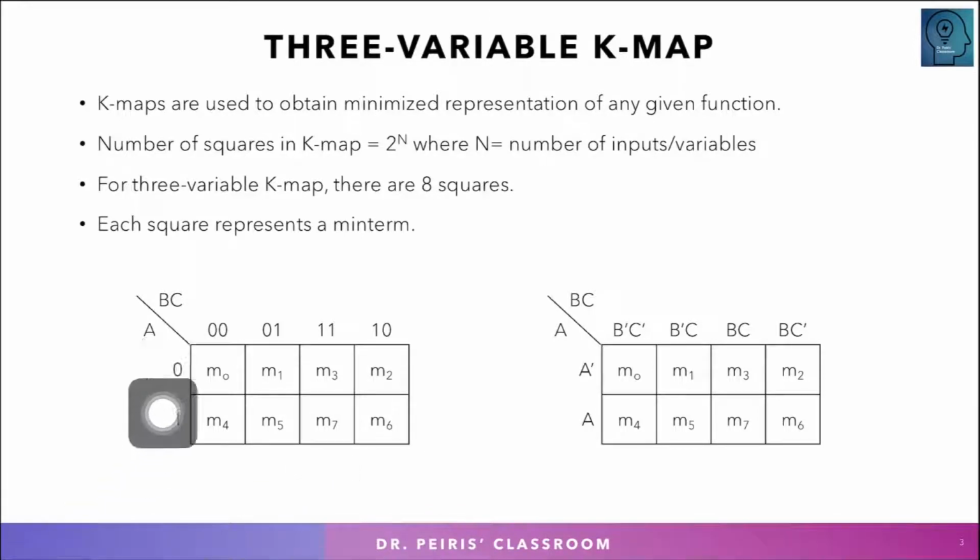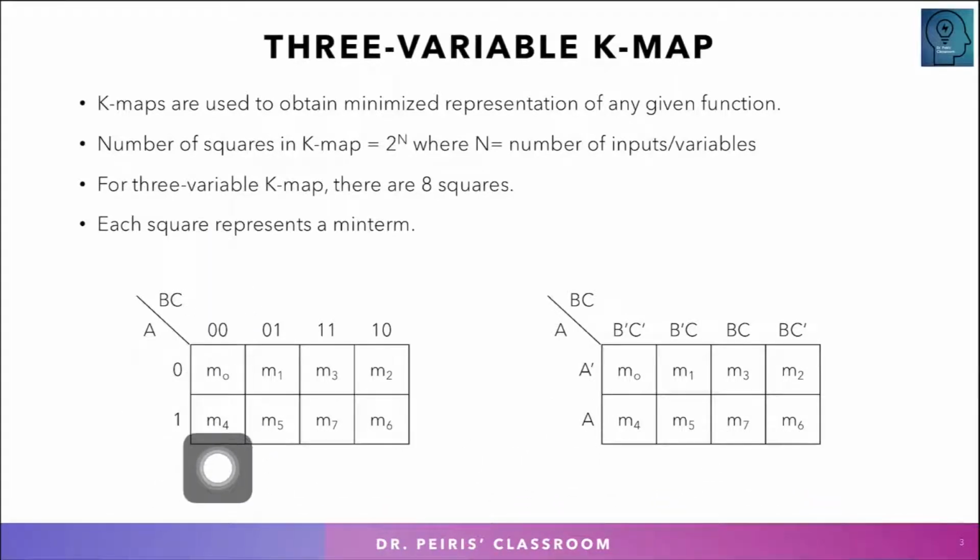So these are the binary values, but this one shows the same K-map with the input variables. The first row is 0, so this entire row is 0, which corresponds to A prime. The next one is 1, so this entire row corresponds to A since the input value is logic 1.